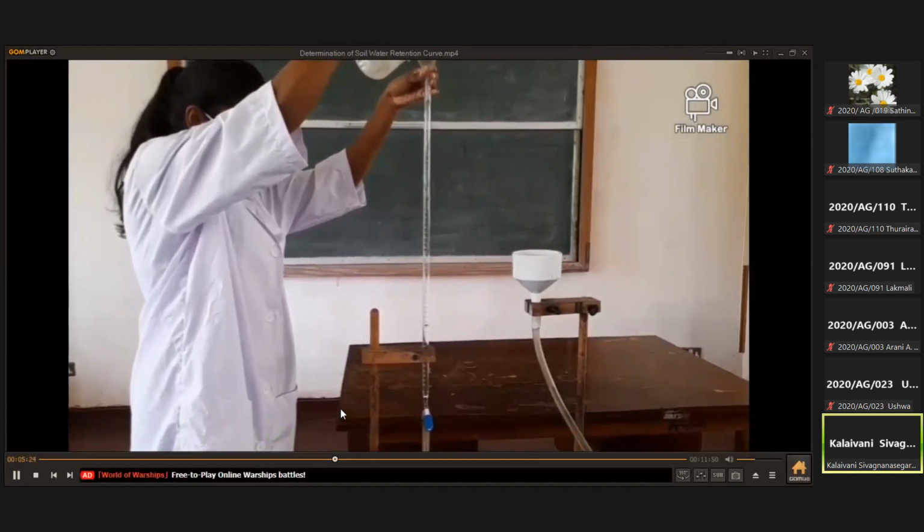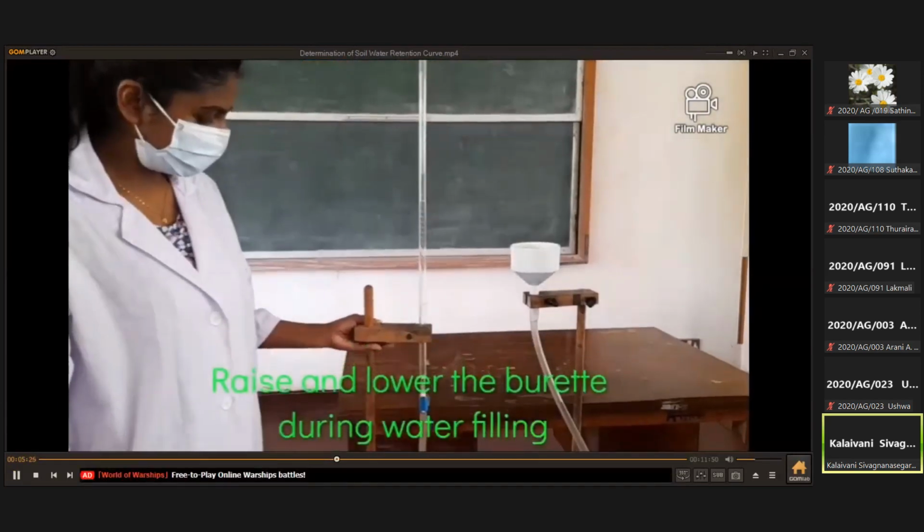We are transferring the distilled water to the burette.